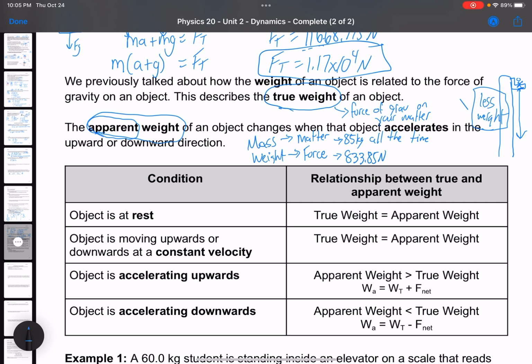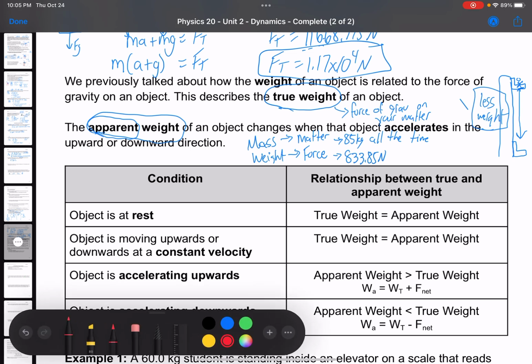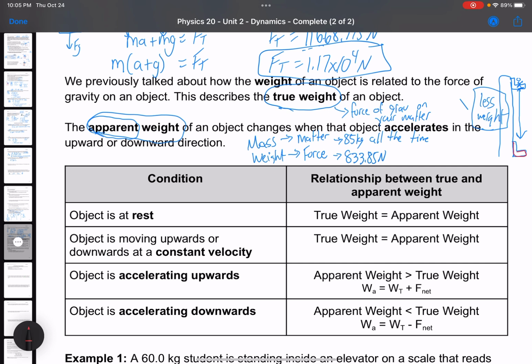On the flip side, imagine you're sitting down here at the bottom. Let me change colors here, just so we can differentiate between these two. So you're sitting down here in the car at the bottom. That's you, and this time it's going upwards. As it's accelerating upwards, are you being pushed into the shoulder straps holding you in, or do you feel like you'd be pushed into the bottom of the seat?